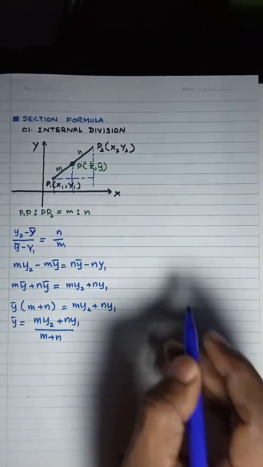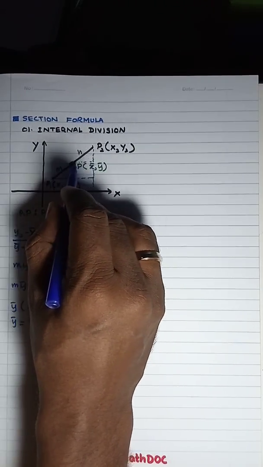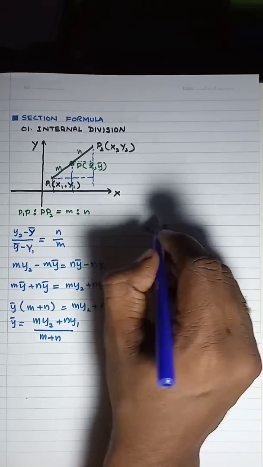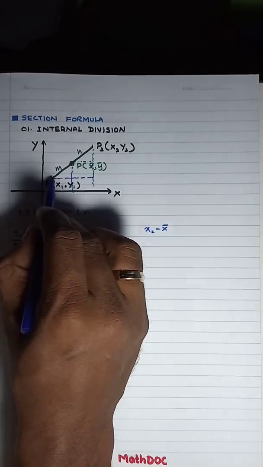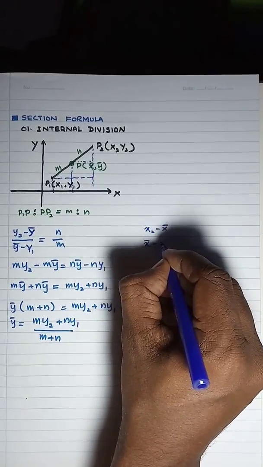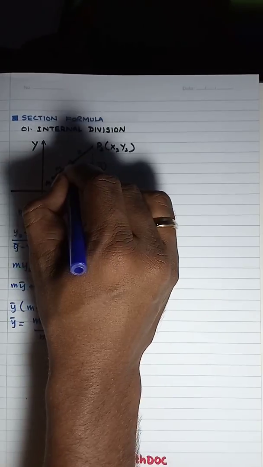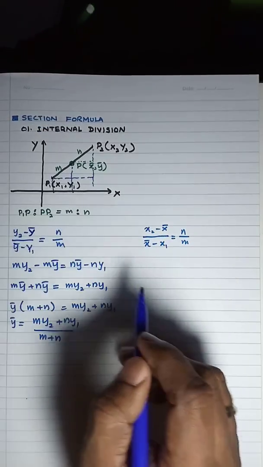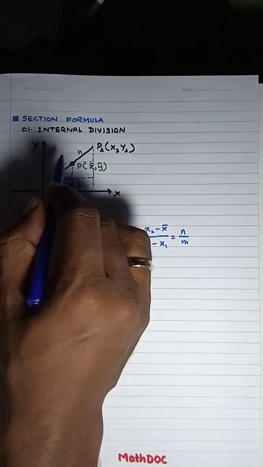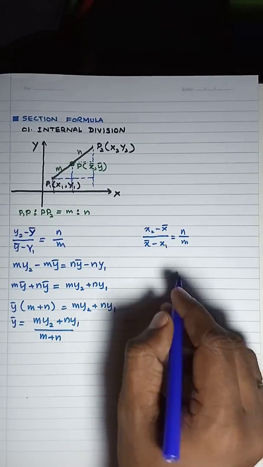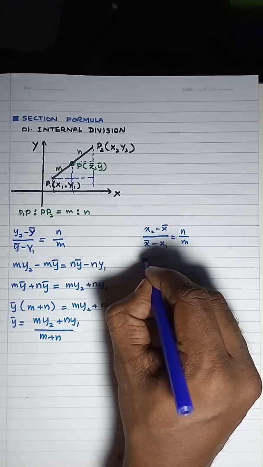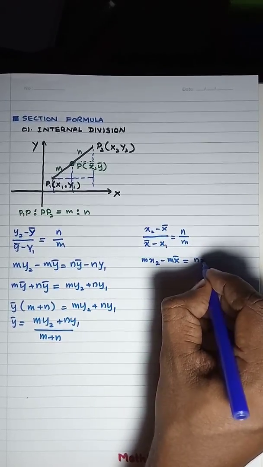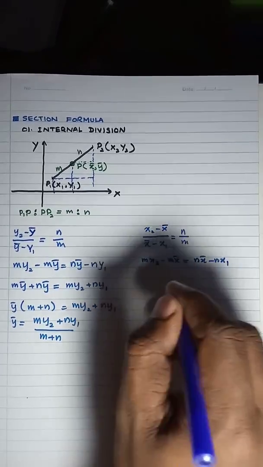Similarly, this length is x2 minus x bar, and this length is x bar minus x1. That division equals n over m. In similar triangles, corresponding side ratios must be equal. Then simplify: mx2 minus mx bar equals nx bar minus nx1.